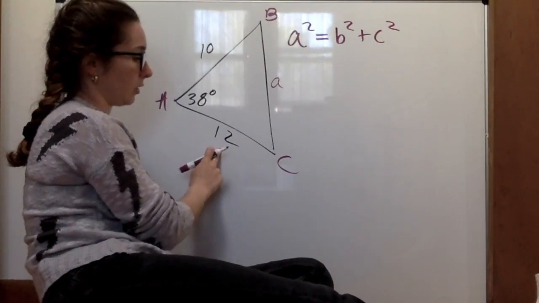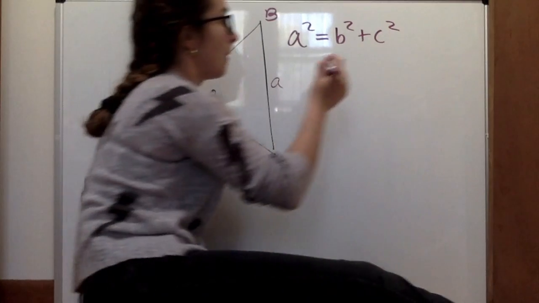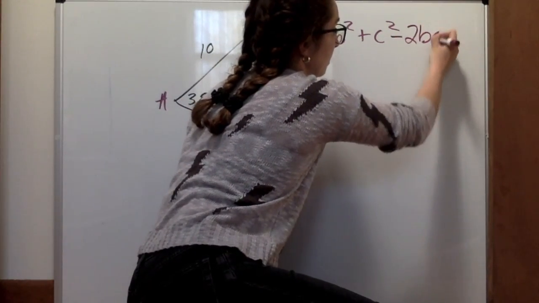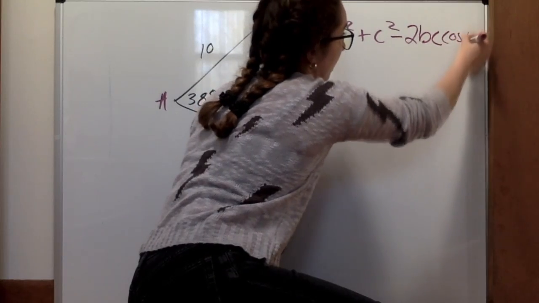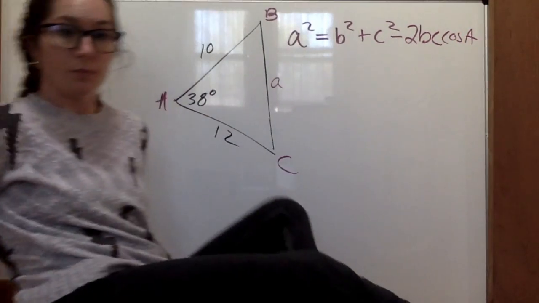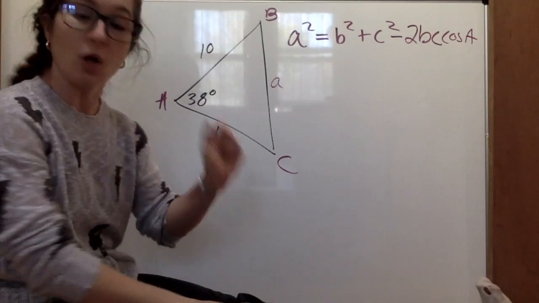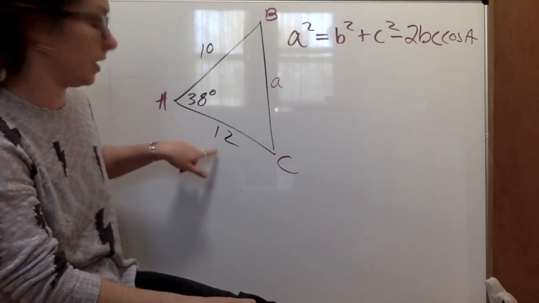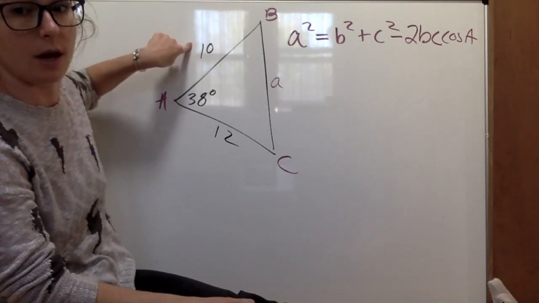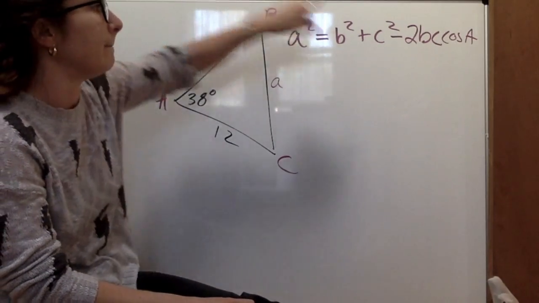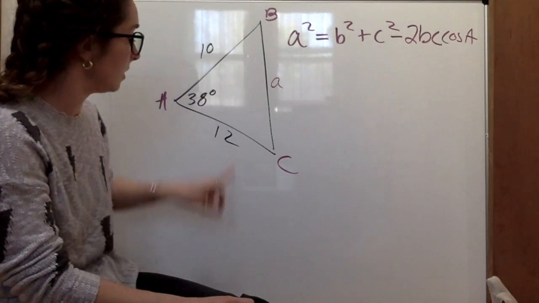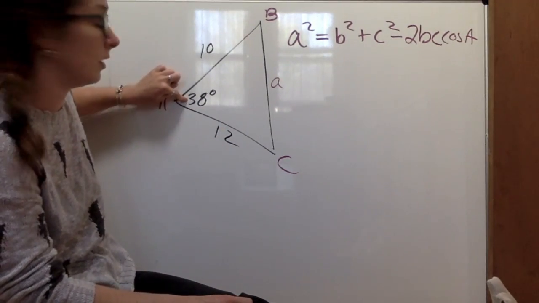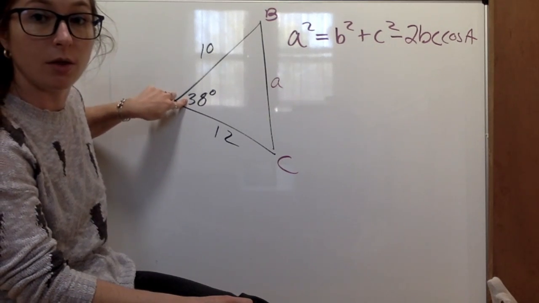So this side length squared plus this side length squared minus 2bc cosine of A. So it's a little bit long. But I have this side squared, plus the other side length squared, minus 2 times this side length times this side length, all times the cosine of the angle that I'm talking about.